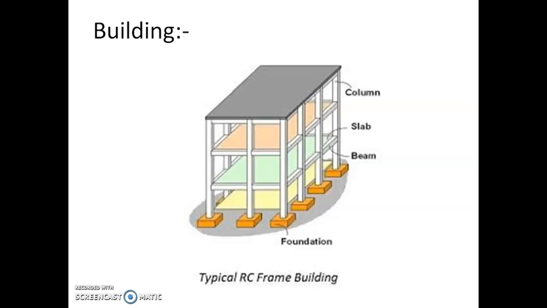Basically it is a horizontal member that primarily resists loads applied laterally to the beam. Slab, we all know slab, we also term it as floor, and various types of floor finishes are also there. Slabs provide us vertical working spaces.